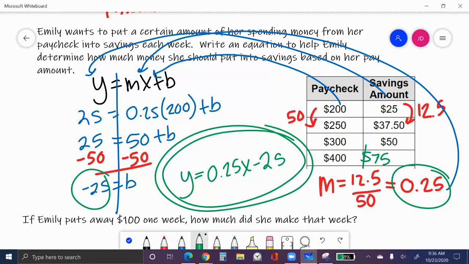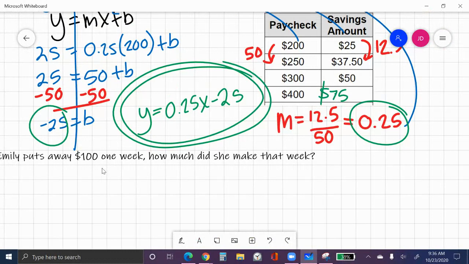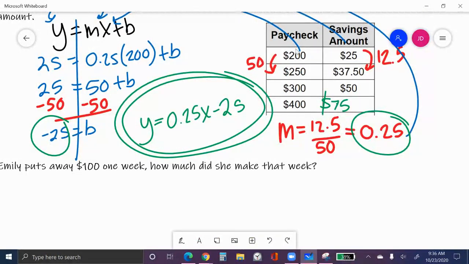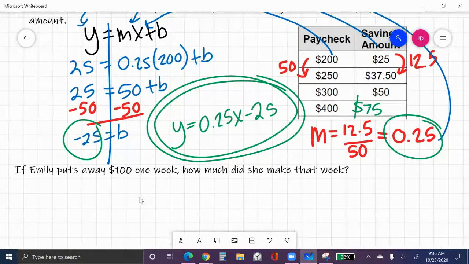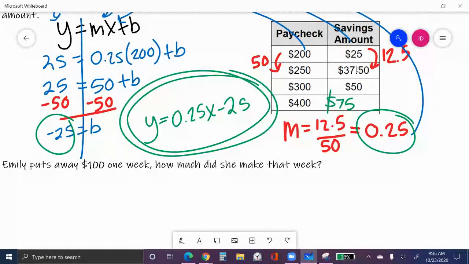Now, Emily wants to put away $100 in 1 week. How much did she make that week? So the $100, that is how much she wants to have in her savings.